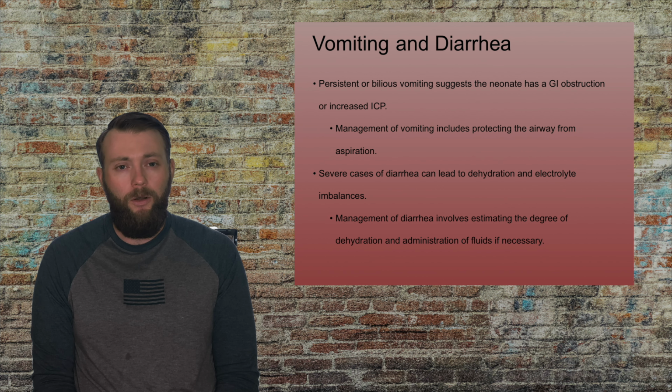And again, the newborn is suffering from diarrhea in their stools. So a newborn should produce a bowel movement about 5 to 6 times per day, or after each feeding.